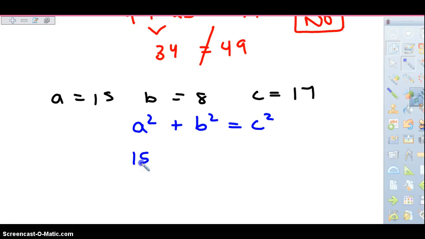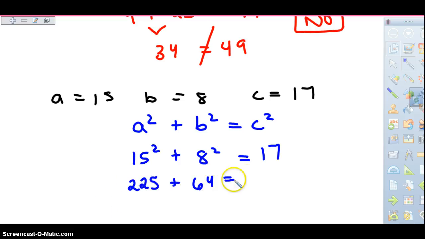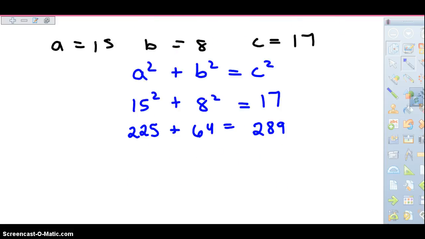So we could say 15 squared plus 8 squared equals 17 squared. 15 squared is 225, plus 64, has to equal 17 squared, 289. Is this true? Yes. 289 is equal to 289. So is this a right triangle? Yes.